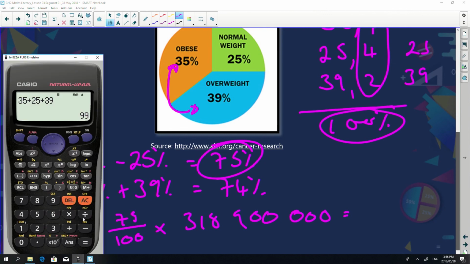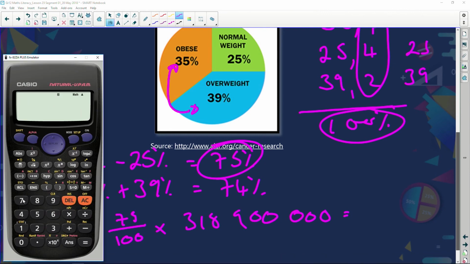Let's see what our calculator gives us for this. 75 over 100, multiplied by 318,900,000 equals, voila, a huge number, 239,175,000.